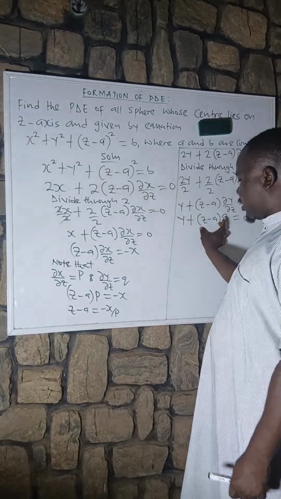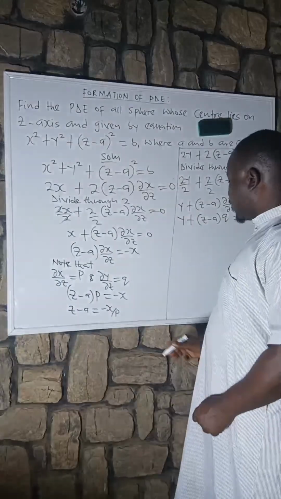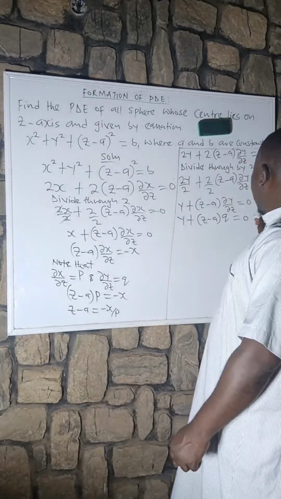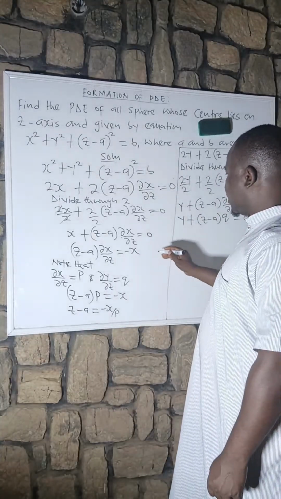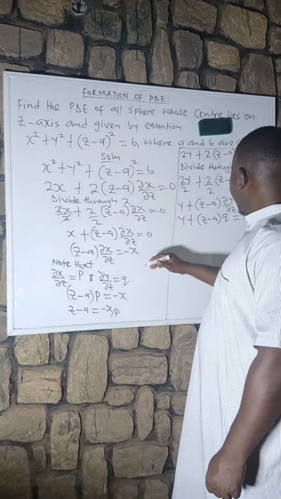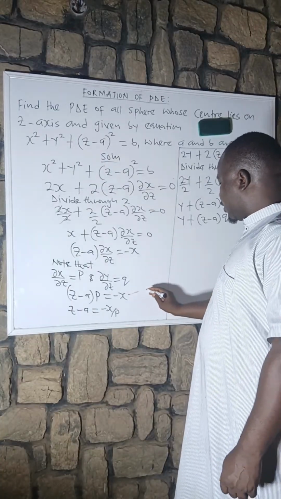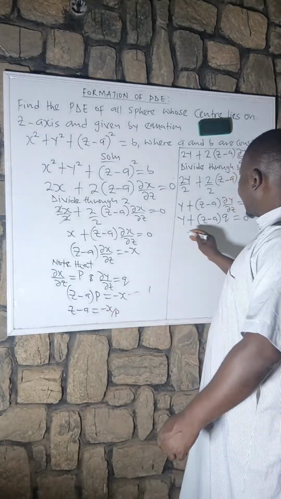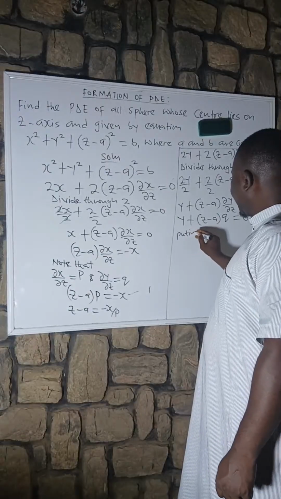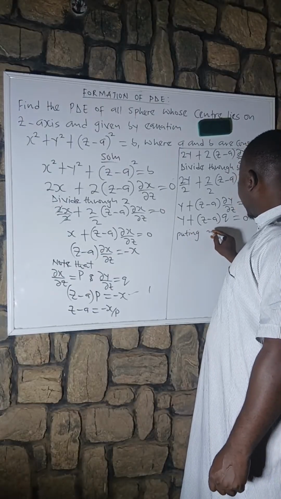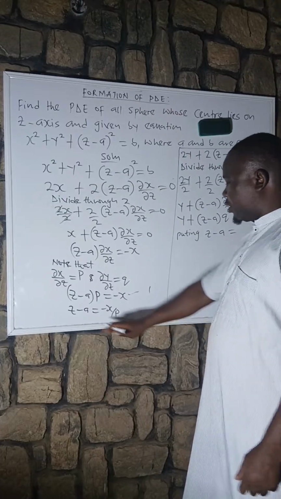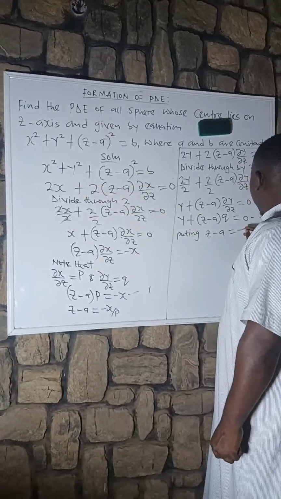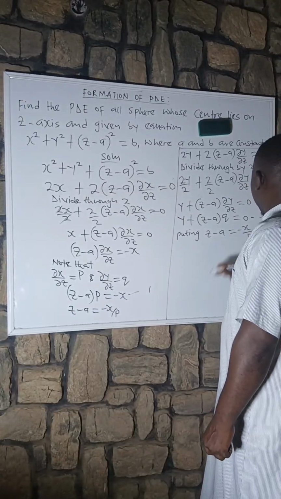Already we have this. So we can now write that, let's make this one equation 1. Let's make this one equation 2. Then we now say, putting z minus y equals, because our z minus y is equal to minus x all over p.